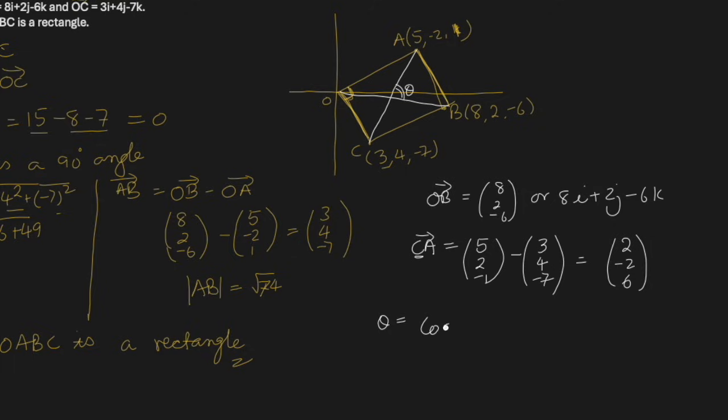will be cos inverse of OB dot CA divided by the magnitude of OB times the magnitude of CA. Right? So let's find the dot product first.